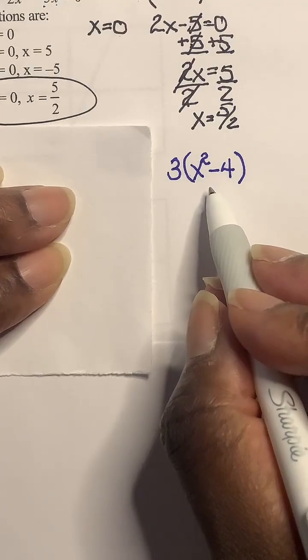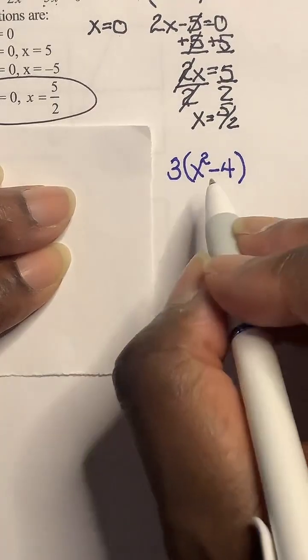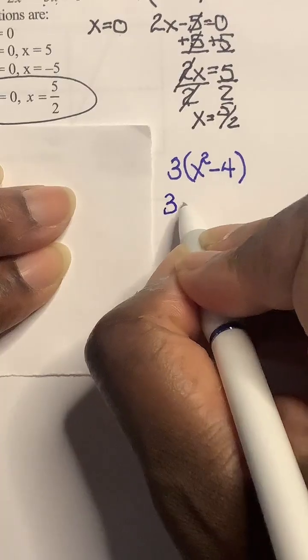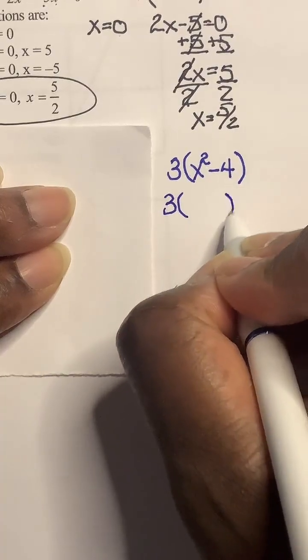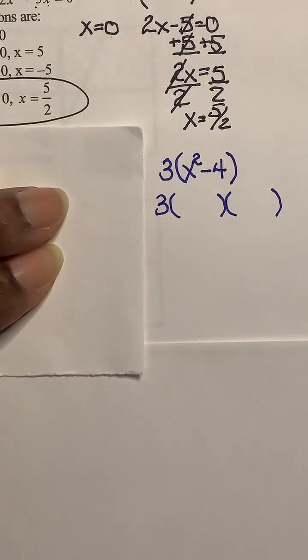If you haven't seen this in forever, just sit back and relax and enjoy. So we're going to keep that 3 on the outside, but we're going to create 2 more parentheses because this can be broken down.